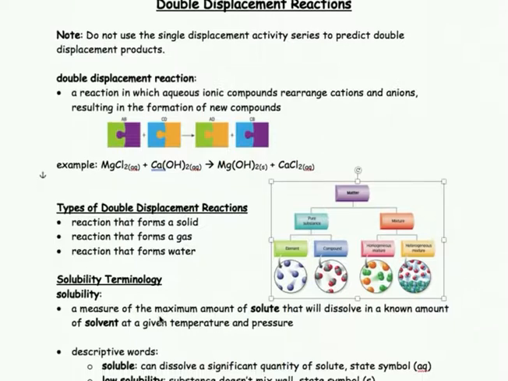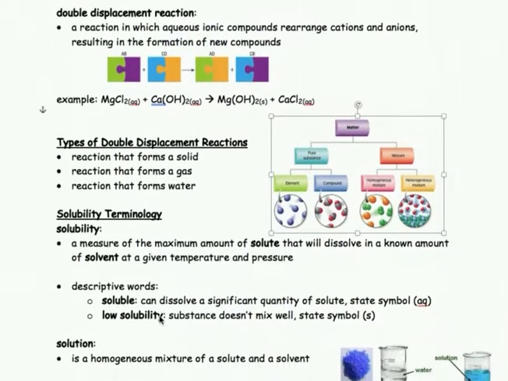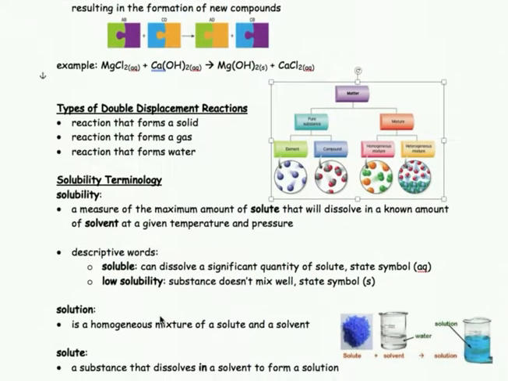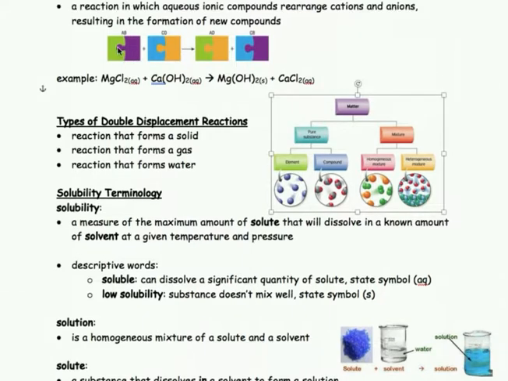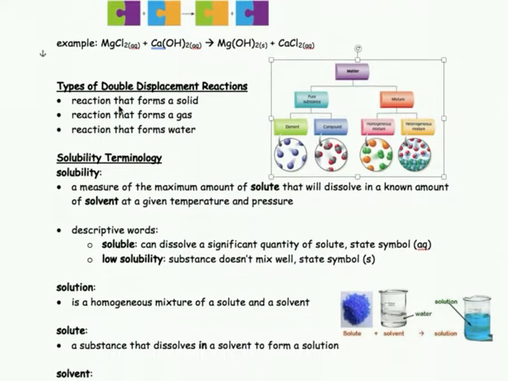We're just going to look at some terminology. Above, I talked about how we're taking a solid and mixing it in water and making a solution. I want to talk about some of the terminology so you understand what I'm saying when I use these words. Solubility terminology.